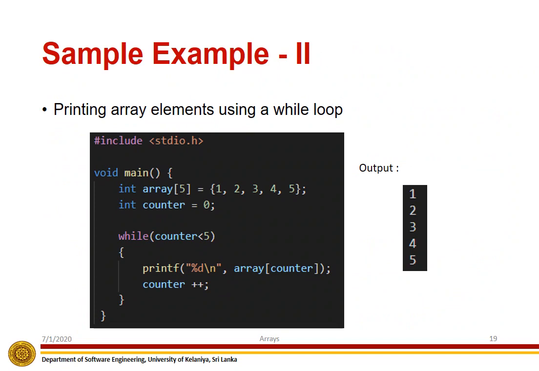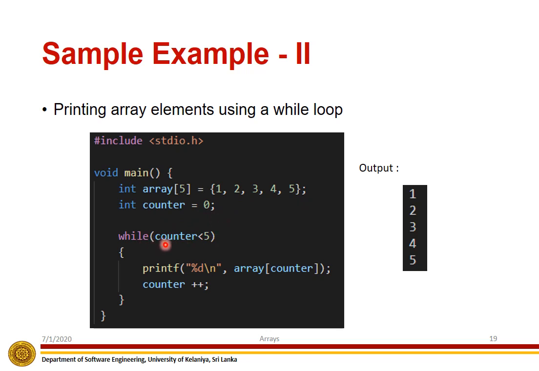Here is an example to print the array elements using a while loop. Earlier we printed the array using a for loop. Here, inside the main method, I have declared and initialized an array. The array name is array, int array[5], and the elements are 1, 2, 3, 4, 5. And again I have declared a variable, int counter equals 0.